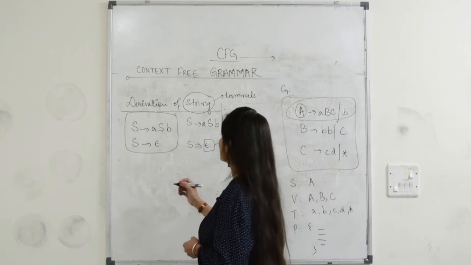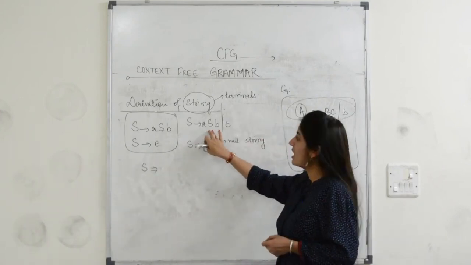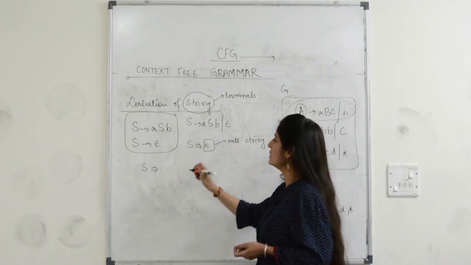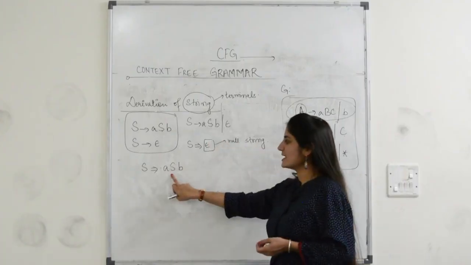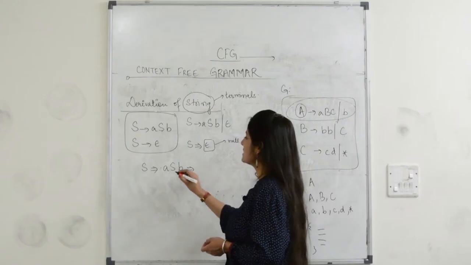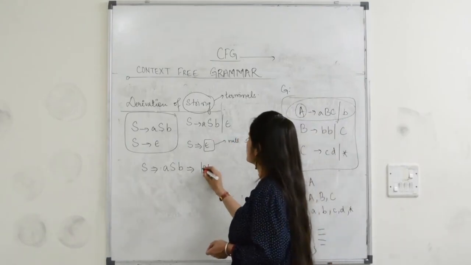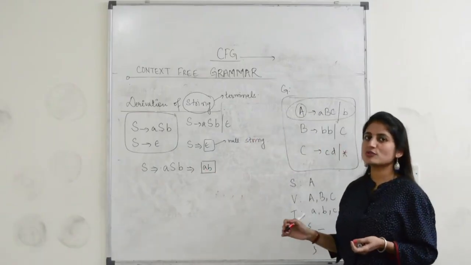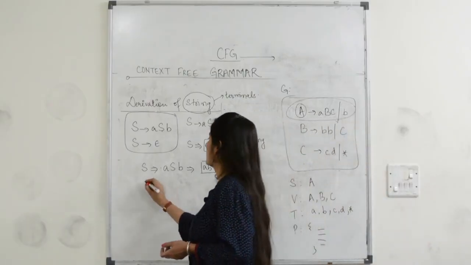Then coming to the other strings, for that we need to take this production, otherwise this is not going to give you any further enhancement in the string. So we'll take this ASB. At the place of S, in the next step we can simply put epsilon and we'll get the string AB. So this is the next string, and we know that A and B both are small alphabets, so we can say that this is the next possible string.